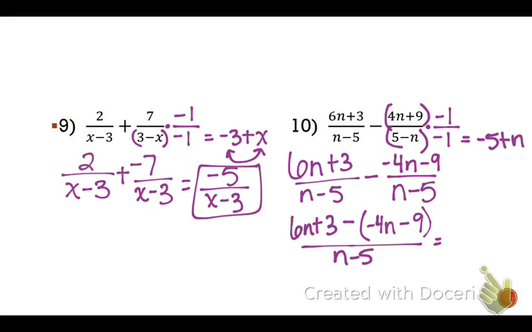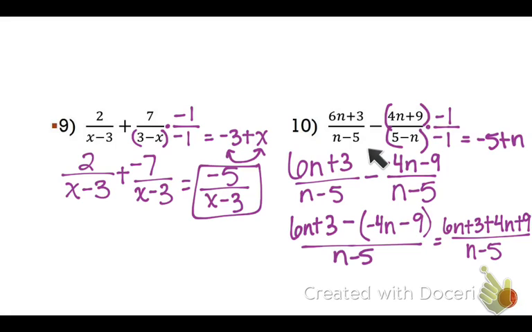Charles kind of already figured it out. That's going to flip these signs back to what they were initially. So we've got 6n plus 3 plus 4n plus 9. Still same denominator. So yes, they had to change once and then change back.